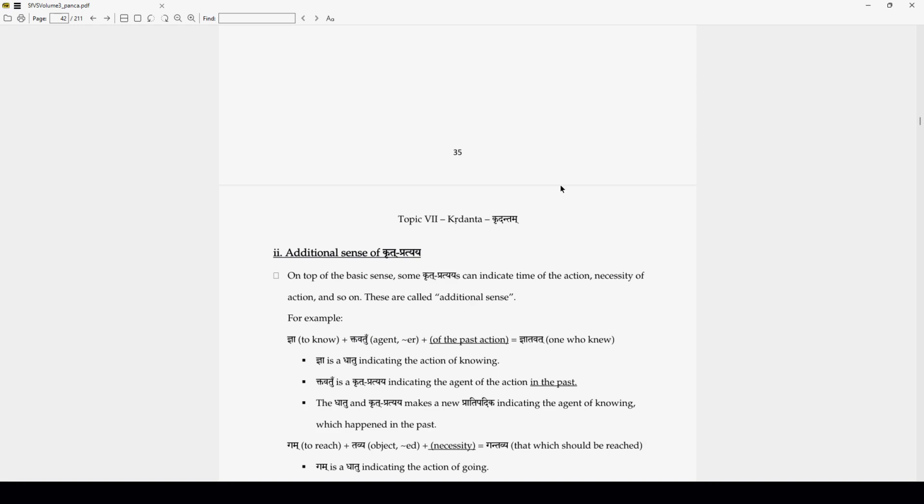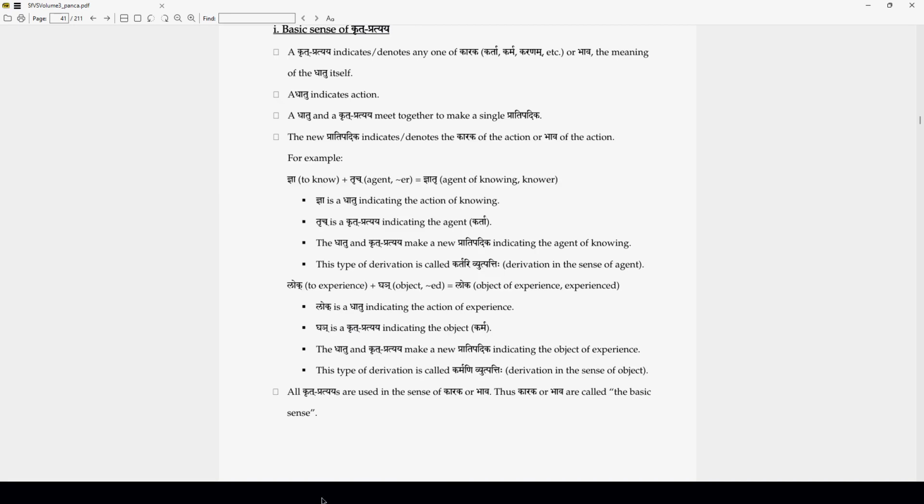Okay, now let's get back. The other thing which was given here: Krit pratyayas are used in the sense of karaka or bhava.